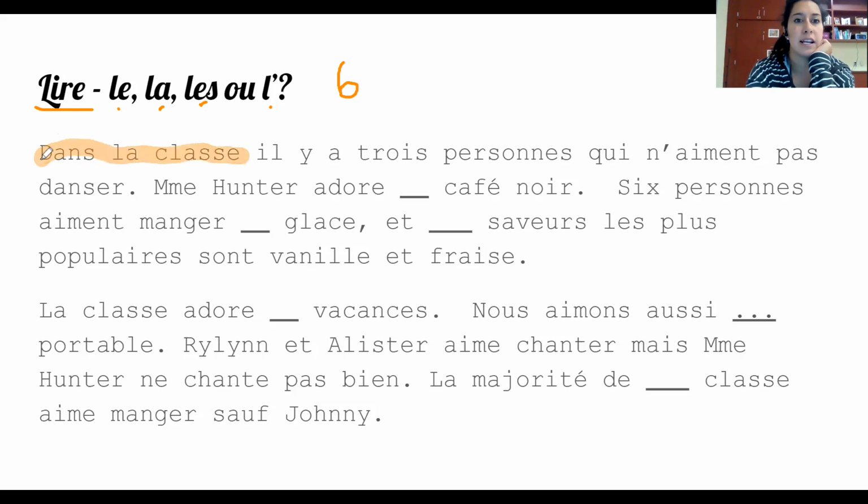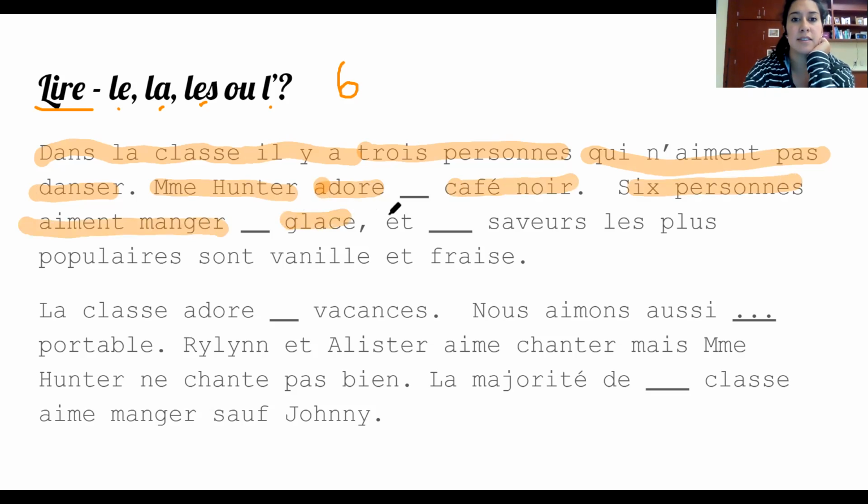Dans la classe, il y a 3 personnes qui n'aiment pas danser. Madame Hunter adore café noir. 6 personnes aiment manger glace et saveurs les plus populaires sont vanille et fraise.